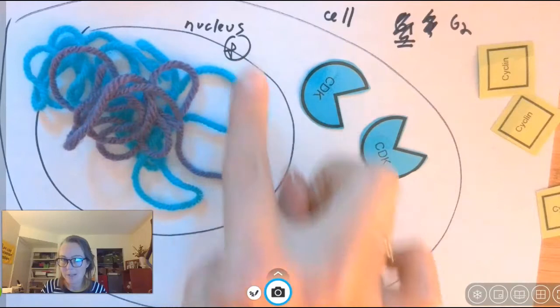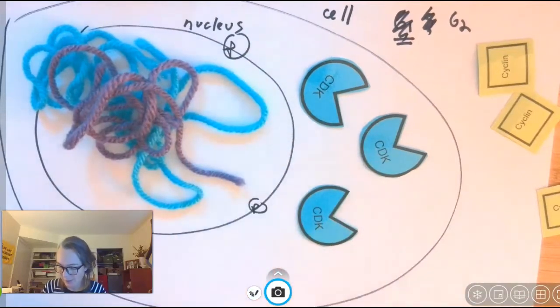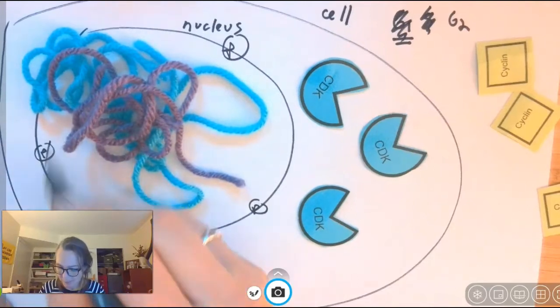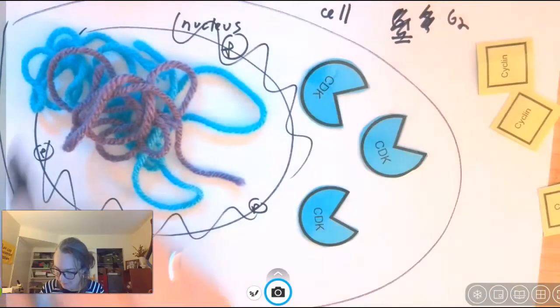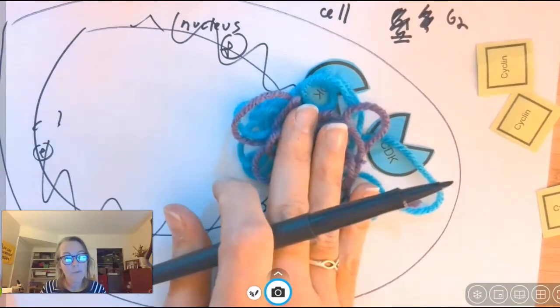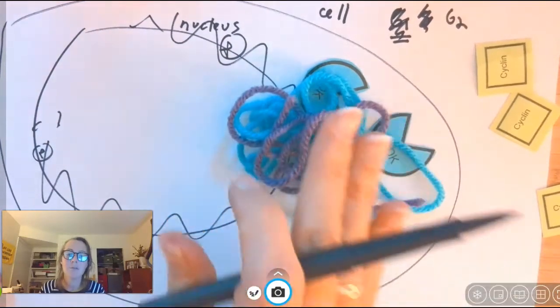But its work has been done. This nucleus is phosphorylated, and these phosphate groups kind of act like nuclear bombs. They break down the nucleus so that the DNA can leave the nucleus and begin to form chromosomes so that we can move from G2 into mitosis.